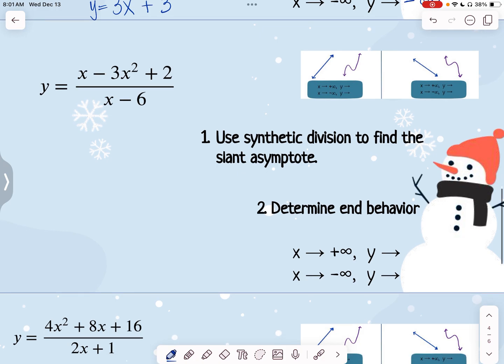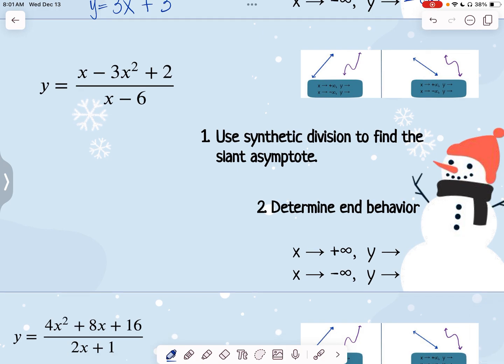Let's just do another example. I'm going to use synthetic division. I'm going to put 6 in the corner. I tried to trick you on this one. This one's not in standard form, so make sure that you list your coefficients in the correct order. What do I get here?